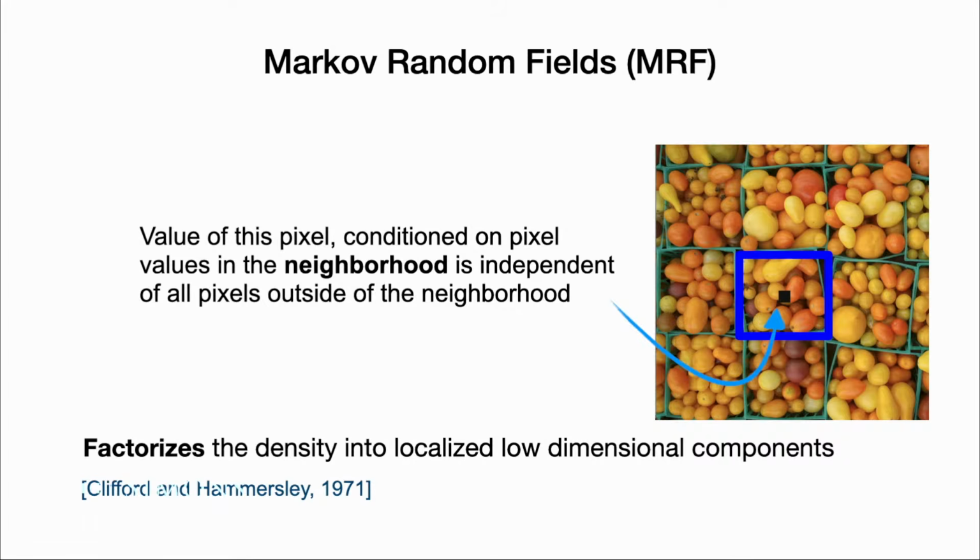So just very quickly, what do I mean? I mean that if you take a pixel in the output, and you condition on all the pixels inside this neighborhood, the value of this pixel becomes independent from all the pixels outside of the neighborhood, right? So this means that you can factorize your density into components that are each lower dimensional.